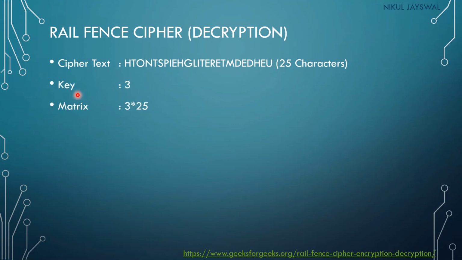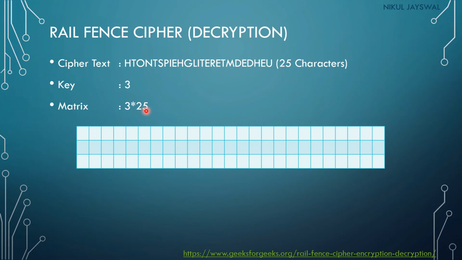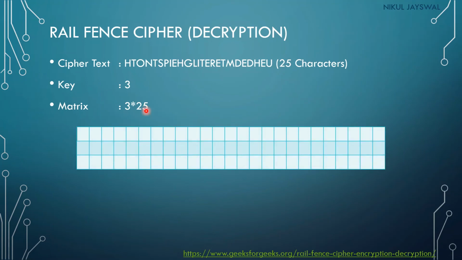So our matrix will be 3 by 25. That means the table will have 3 rows and 25 columns. So this is how we will construct the matrix. Now we all know that we are going to put the characters in a zigzag manner.